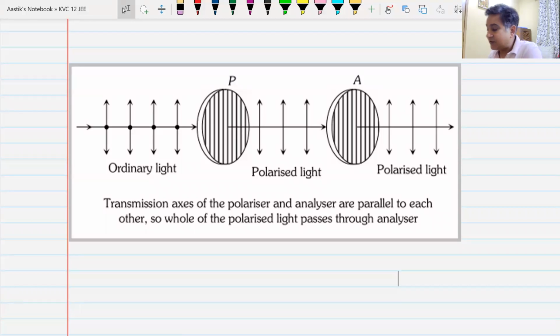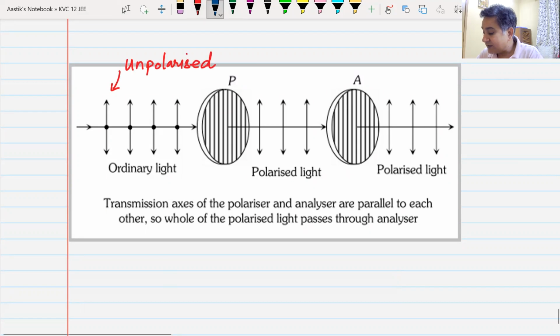If you see this diagram, on the extreme left you have unpolarized light. This is the only diagram that you have to understand. This is P, the first polarizer. It polarizes the light, therefore it is known as polarizer.